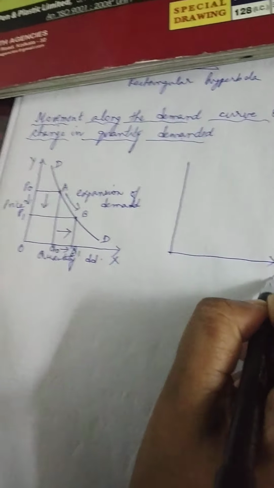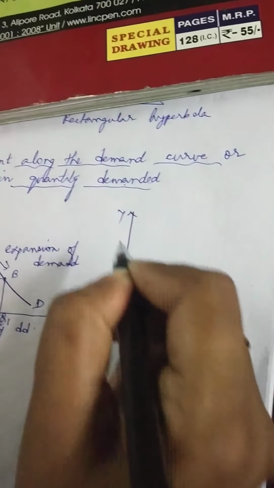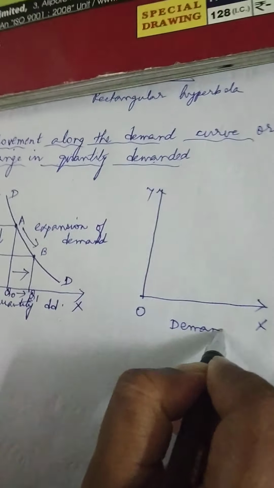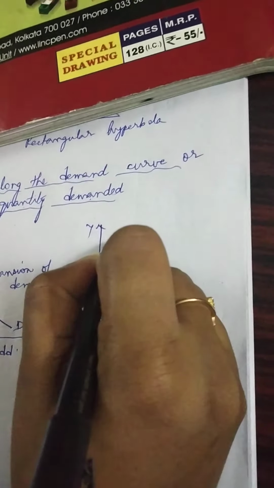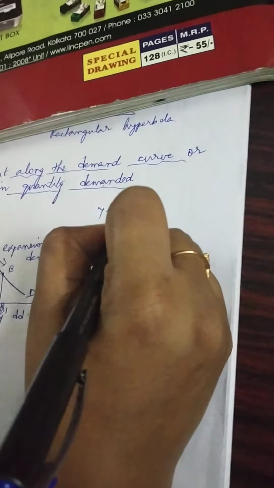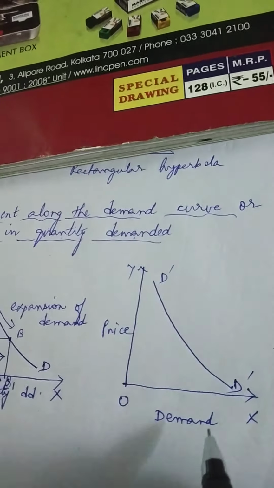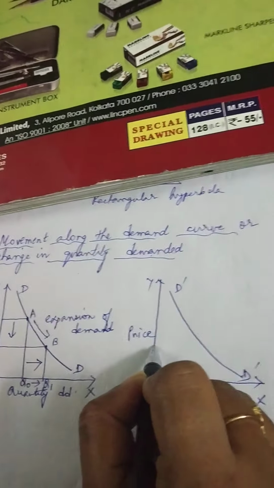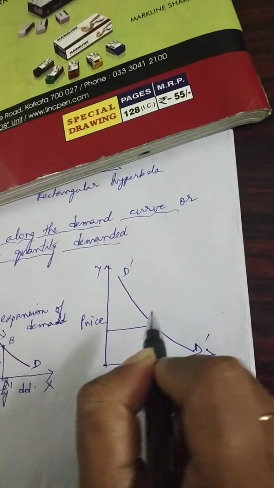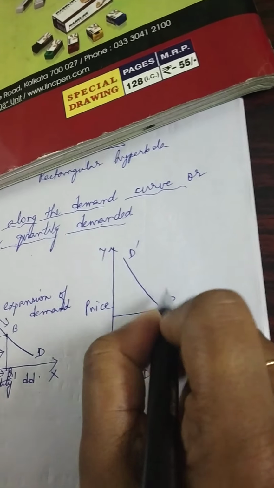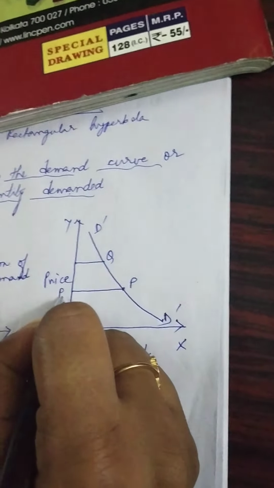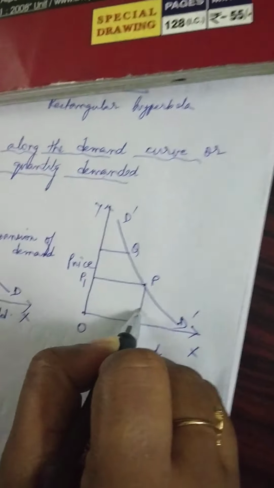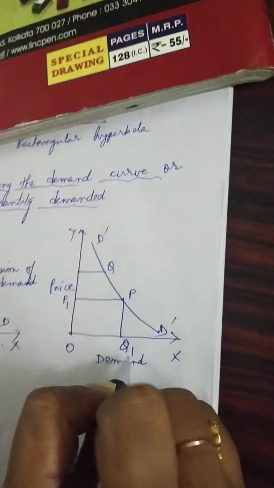See, again I take here x-axis, y-axis, this is the demand, quantity demanded, this is the price. Again I am taking a demand curve, say D dash D dash. And now suppose the movement is opposite, say from P to Q. At P, suppose price was P1, quantity demanded was Q1.